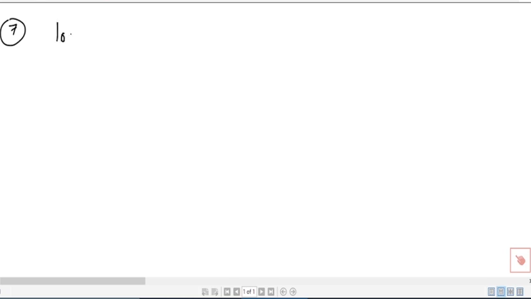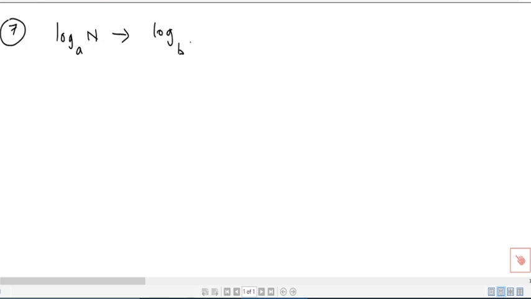Suppose log at some base a of some number n is written, and you need to convert it to log at base b. Then how will you convert it?